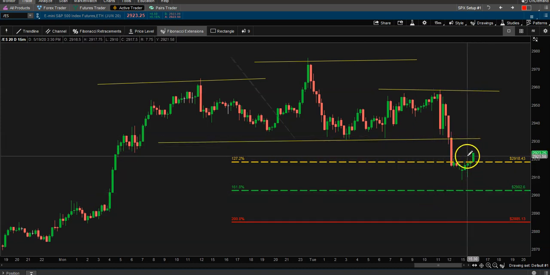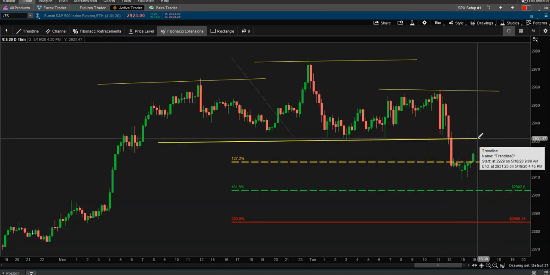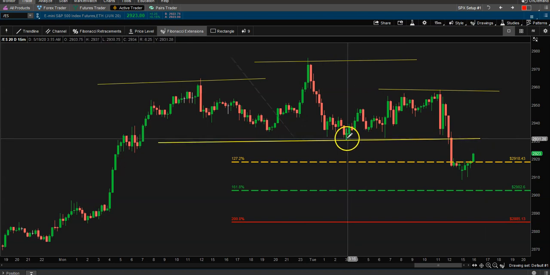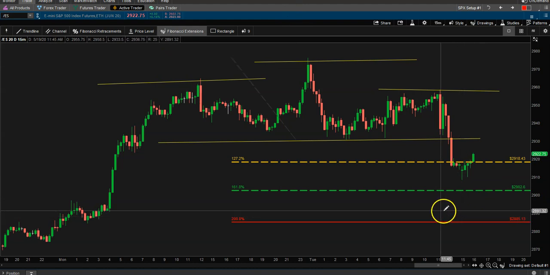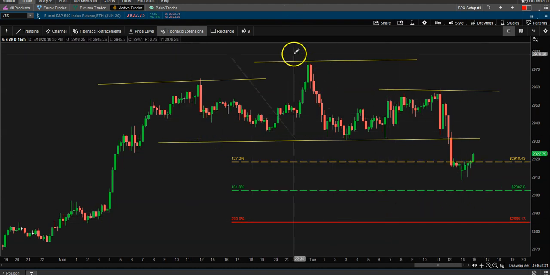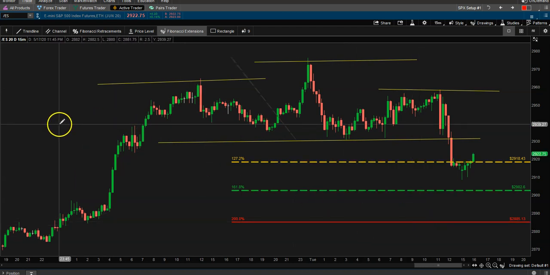So maybe you get long here, long here, long here, but this could keep going up higher. And then guess what? Maybe you use old support as new resistance, and that would be your target. Again, multiple ways to trade this. But overall, I would still be looking for this 200 for the end of this if it happens to be a buyer.